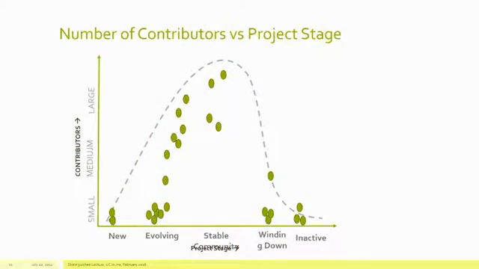Now, some graphs. On the y-axis, we've got the number of contributors going small, medium, large.